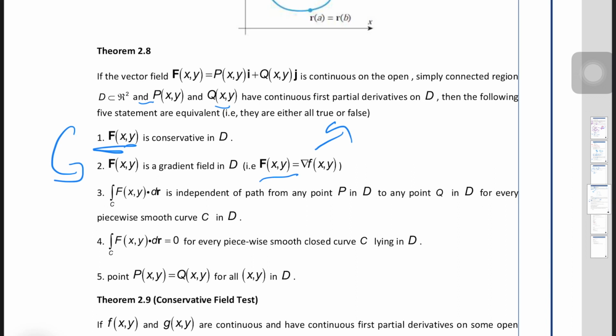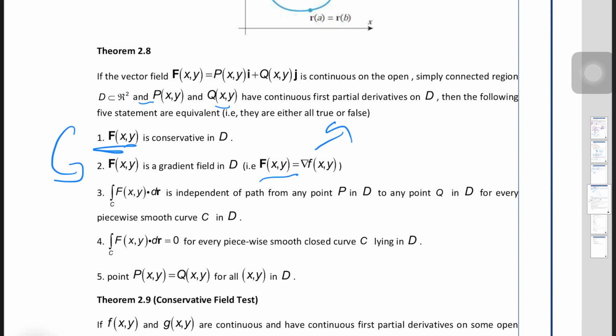Number 3, the work done, integral of F(x,y) dot dr, is independent of path from any point P in D to any point Q in D for every piecewise smooth curve C in D. Okay, jadi kalau F is conservative, jadi the work done is independent of path. Maksudnya walaupun dia menggunakan curve yang berbeza, nilai dia tetap sama.